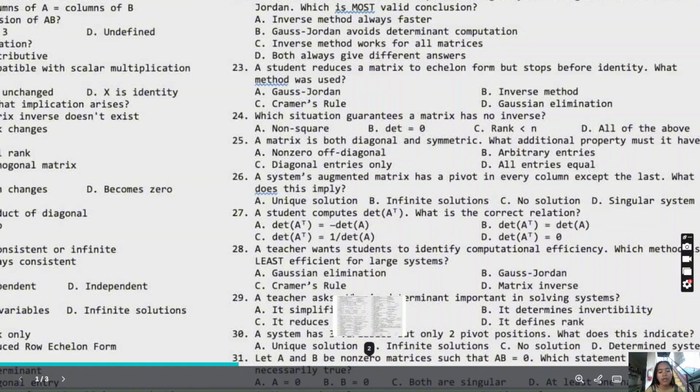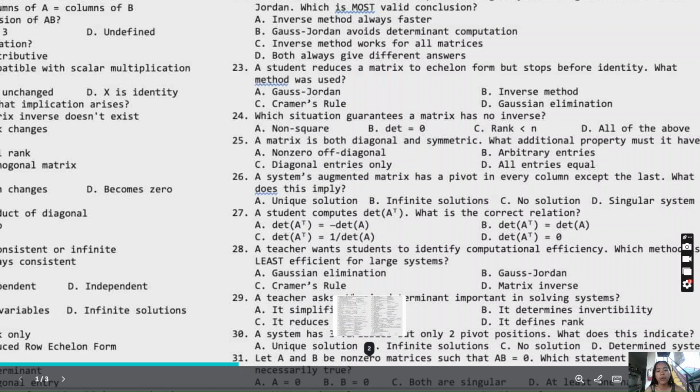When the determinant is not equal to zero, the matrix is invertible and the system has a unique solution, so we can proceed with solving. But if the determinant is equal to zero, then the matrix is singular and does not have a unique solution. So the determinant helps us determine invertibility, which is why the correct answer is letter B.